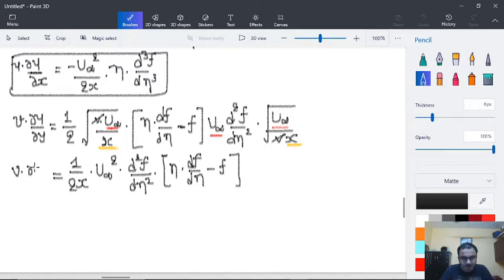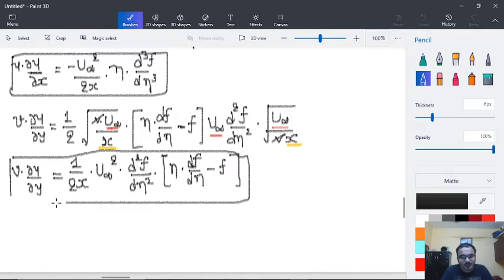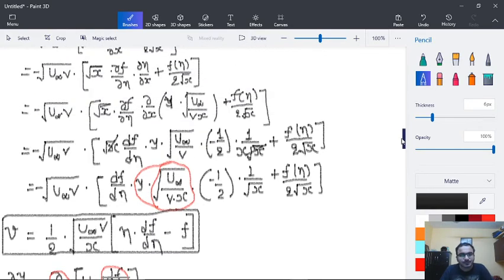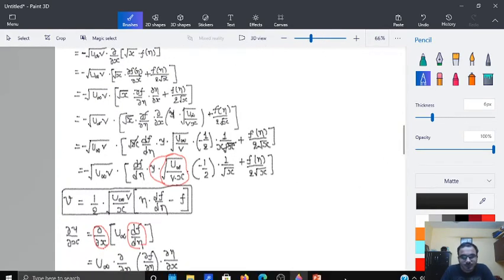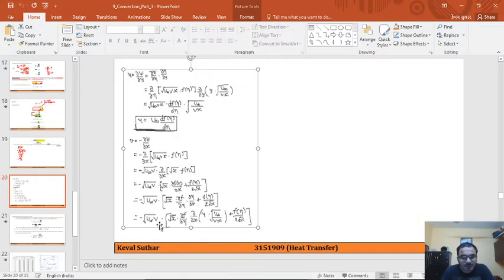into del u over del y. So we have obtained various values, and now what we will do is we will copy this. In our previous lecture we have completed up to this formula.